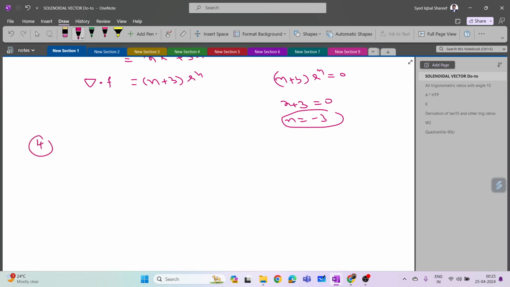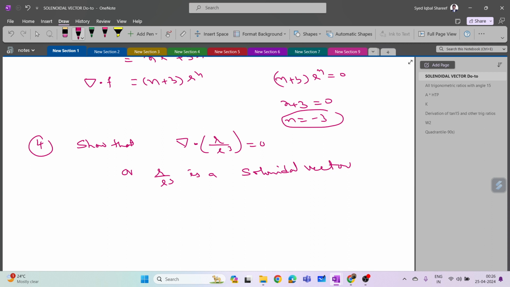So problem number 4. Show that del dot (r/r³) equals 0. Or you can state this also: r/r³ is a solenoidal vector. Show that or prove that.